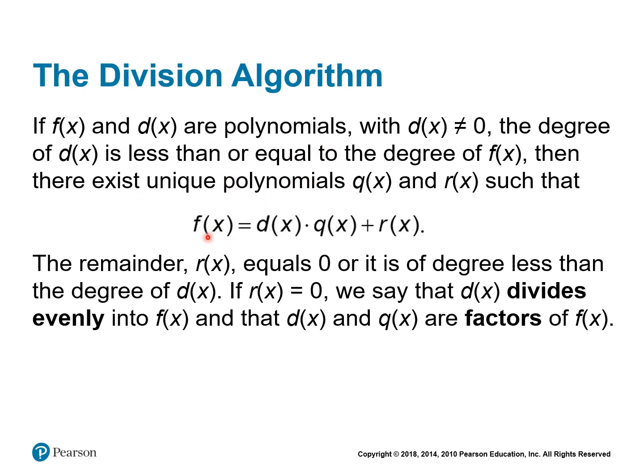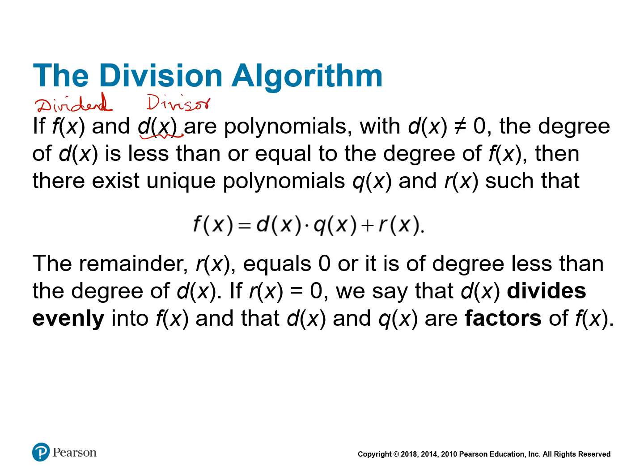So what they're saying is, think of f of x as the dividend, what we were dividing. F of x is the dividend. D of x is the divisor, what we are dividing the dividend by.